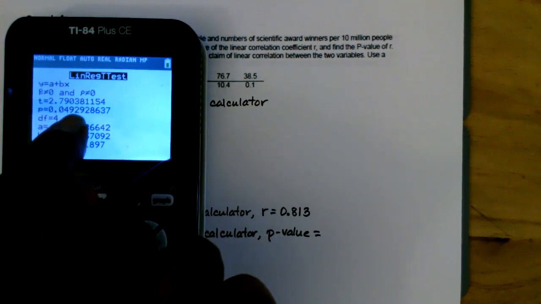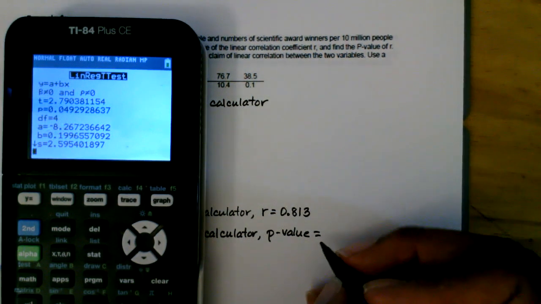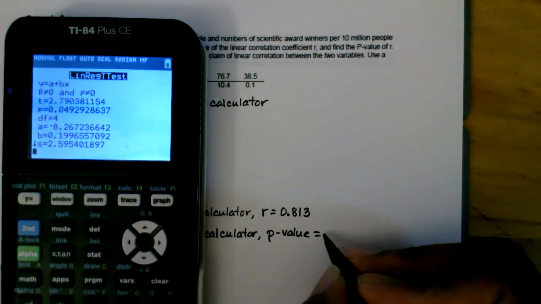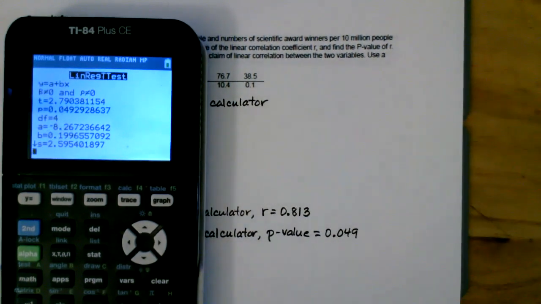So if I was to round this off to, let's say, 3 decimal places, that would be 0.049. That would be the p-value, okay?